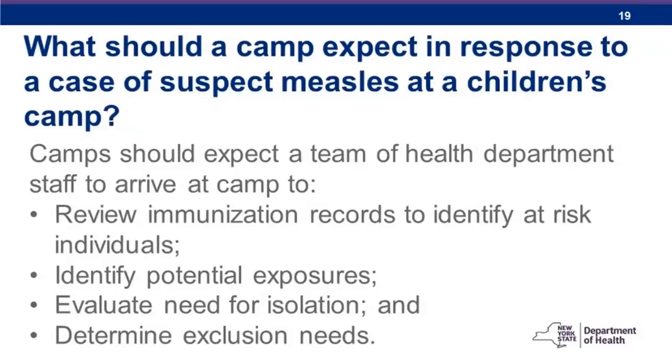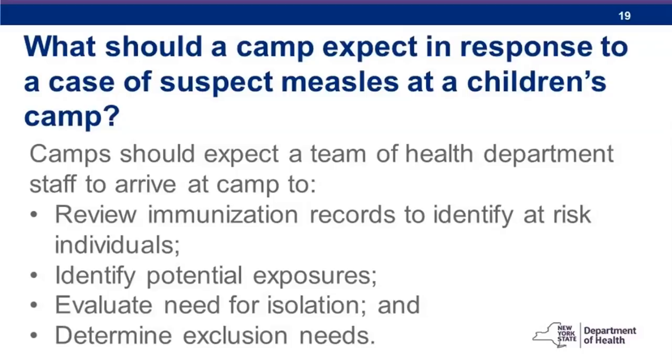If there's a measles case at camp, what should camps be expecting? Well, they should be expecting a team of health department staff to arrive on site. They're going to begin reviewing immunization records and identifying people at risk. A local health department will be focusing on the type of records that are available.